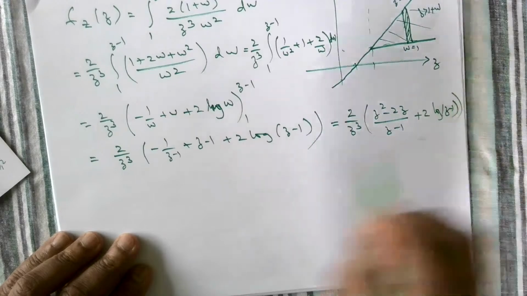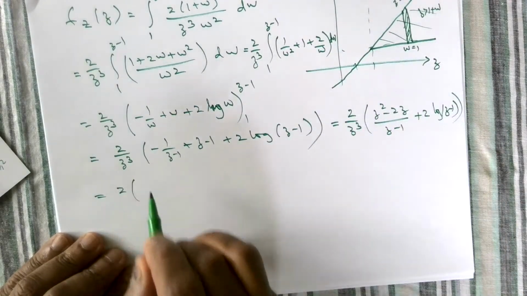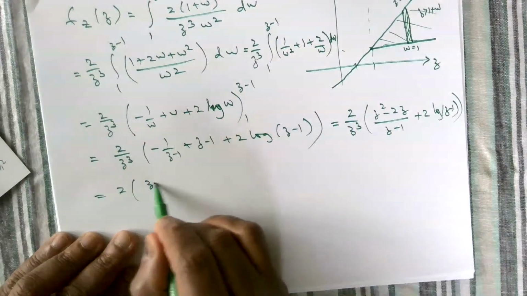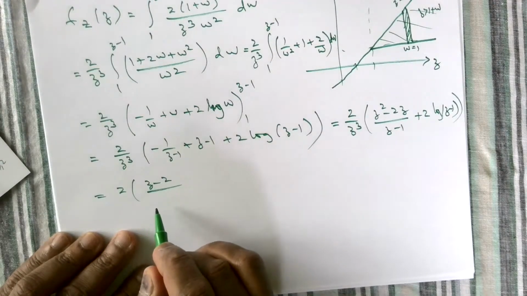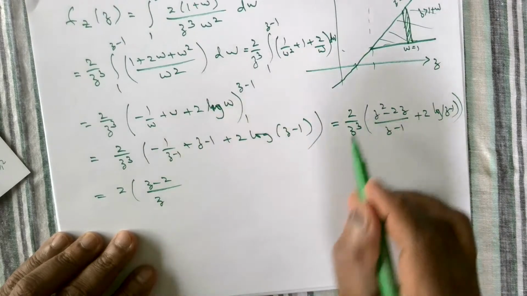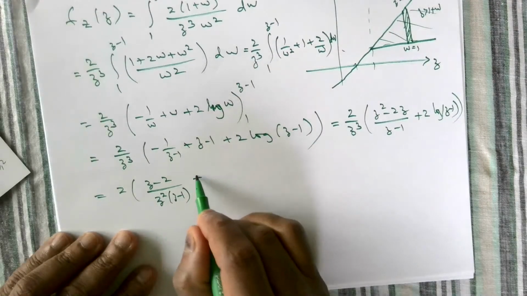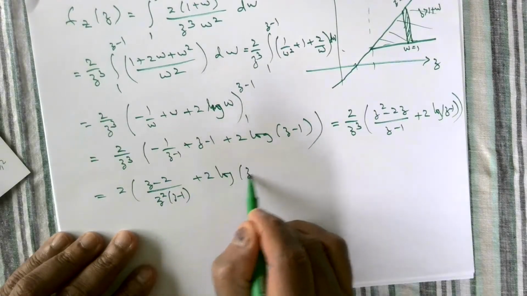So I'm going to do a little more simplification. I pull out a z and take this inside. So this is (z minus 2) over z squared, because z cancels, over (z minus 1) plus 2 log (z minus 1).